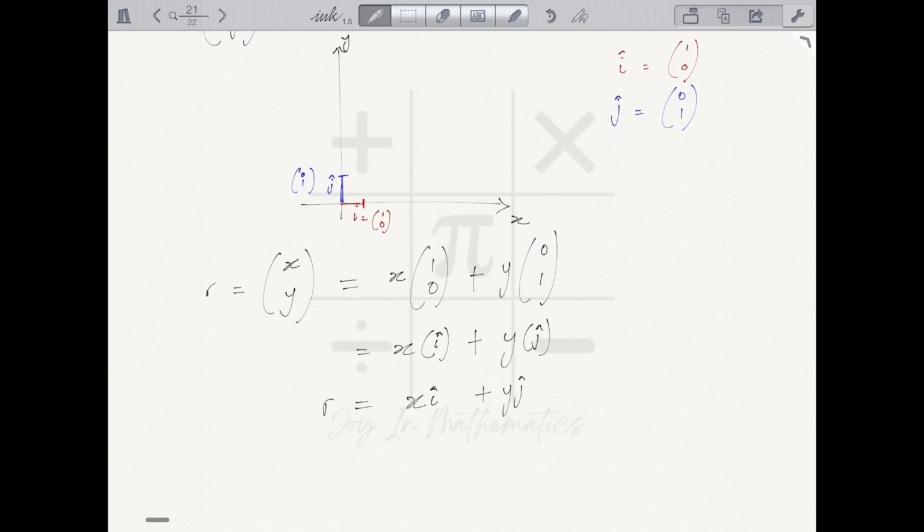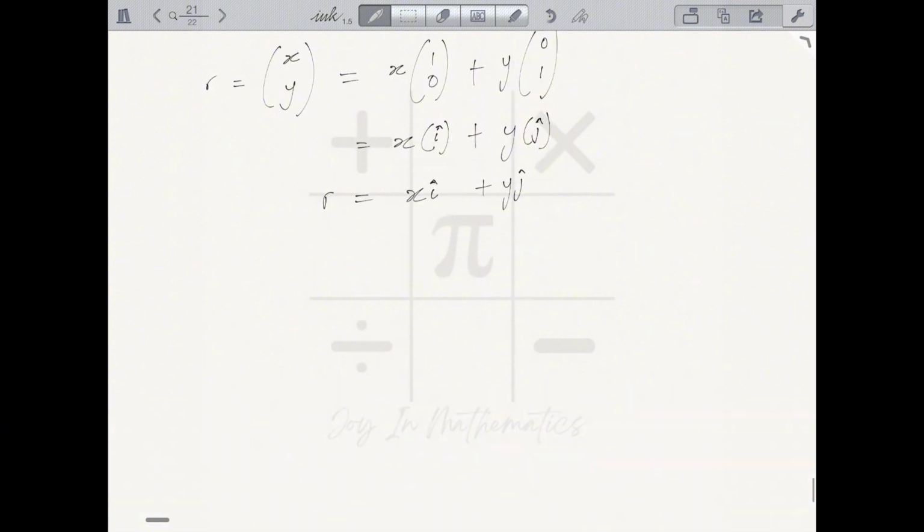So we can come to a conclusion that if R is equal to the column vector (x, y), it can be written in terms of unit vectors, that is, R equals xi plus yj.